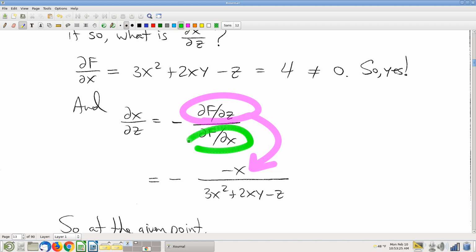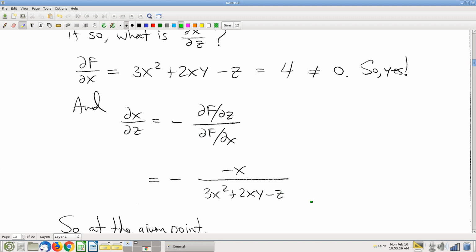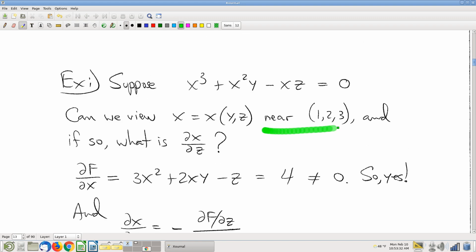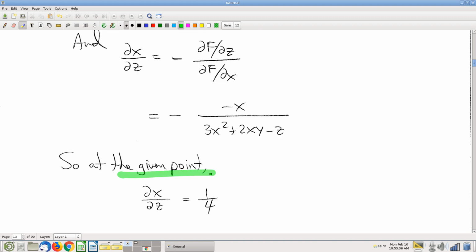This partial derivative is that. And plug in at the point in question. Keep in mind we're talking about at the point 1, 2, 3. So at the point 1, 2, 3, plug in those numbers into there, and there's your answer. It's very plug-and-chug after that.